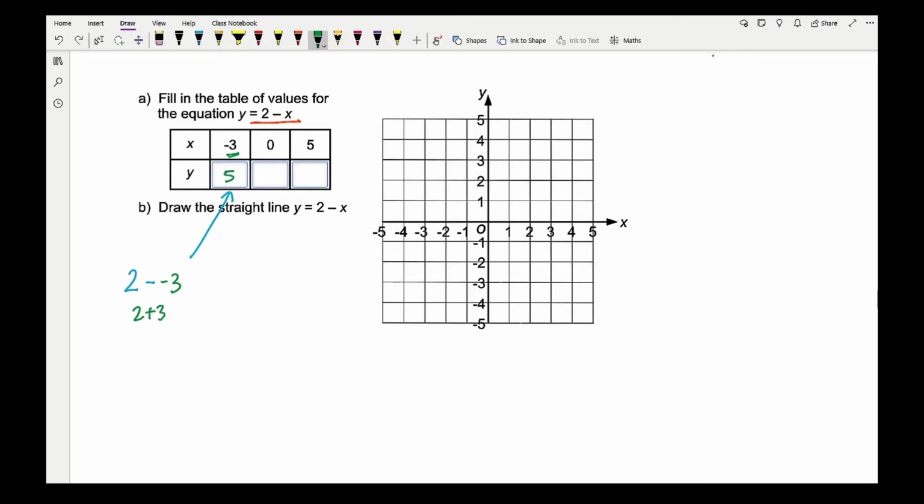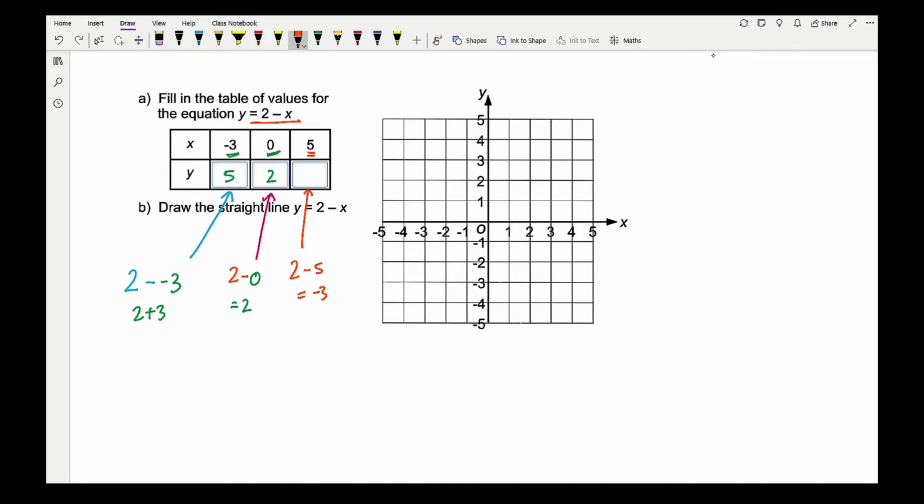For the next value, here I'm going to have 2 minus, and then whatever number this is, which is 0. So then that's just going to give me 2. And then for the last one, I'm going to have 2 minus whatever number this is, which is 5.